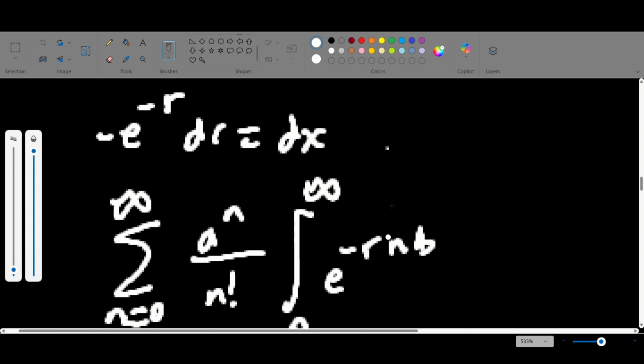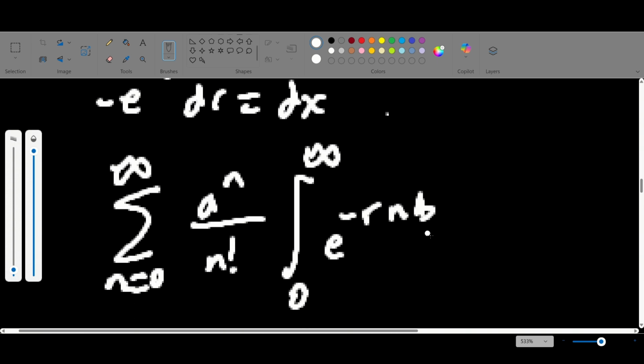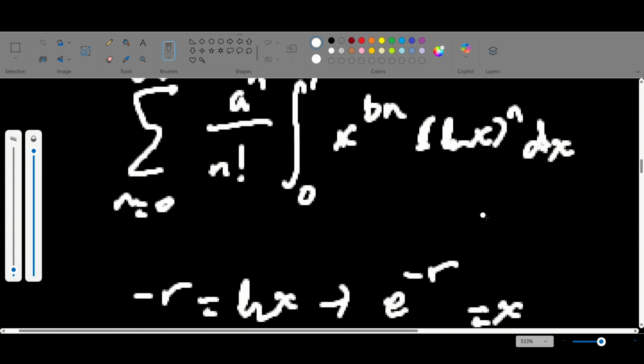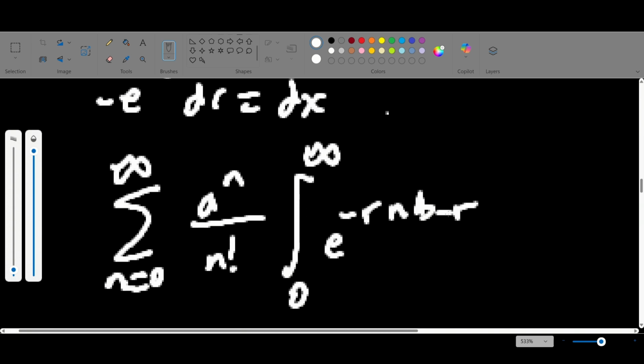We'll have another negative e to the negative r for the differential. So this will be another minus r. And then the natural log of x is equal to nothing but negative r. So we get negative r to the power of n dr.